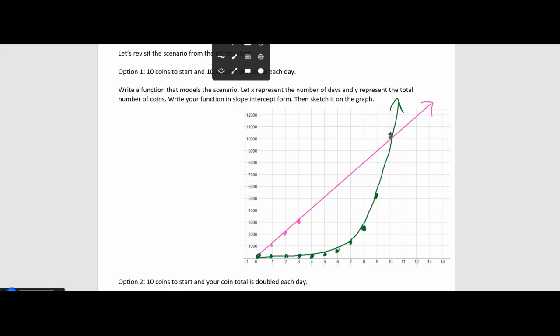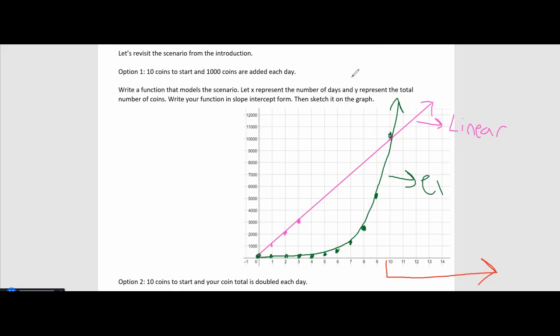But after those first 10 days, that is where the exponential function, the green function, starts taking off, and the y values for the green function are getting larger at a much quicker rate than the y values for the pink. So again, green, exponential function; pink, linear function. Again, we've worked with linear before, so exponential is the new one for today.